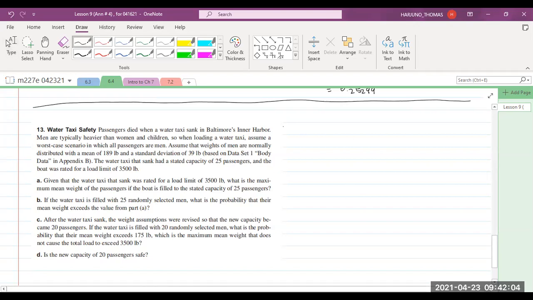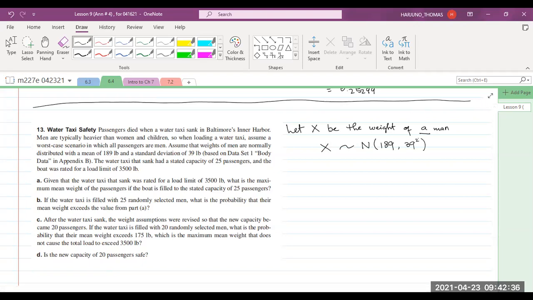So let X be the weight of one man. This X is normally distributed with mean 189 pounds, standard deviation 39. So this is 39 squared. That's a big standard deviation, by the way.